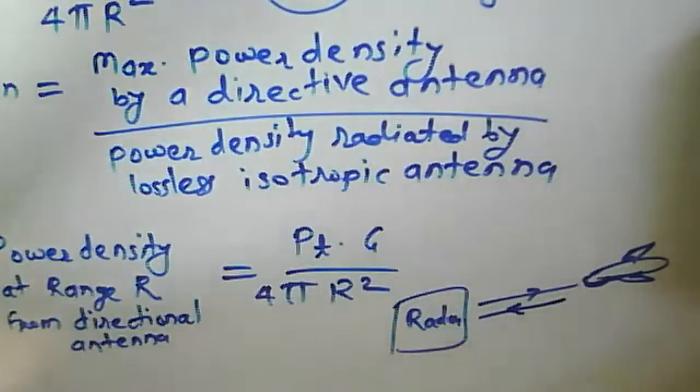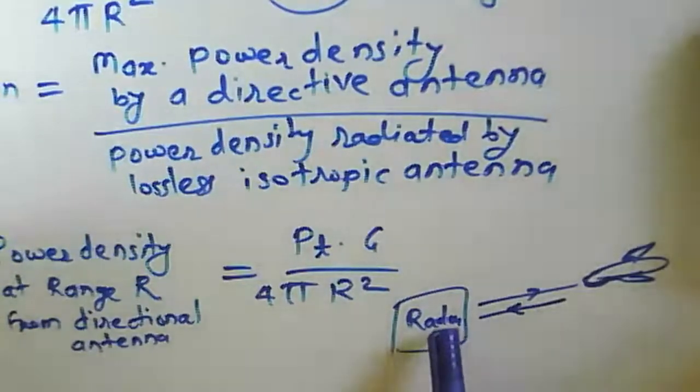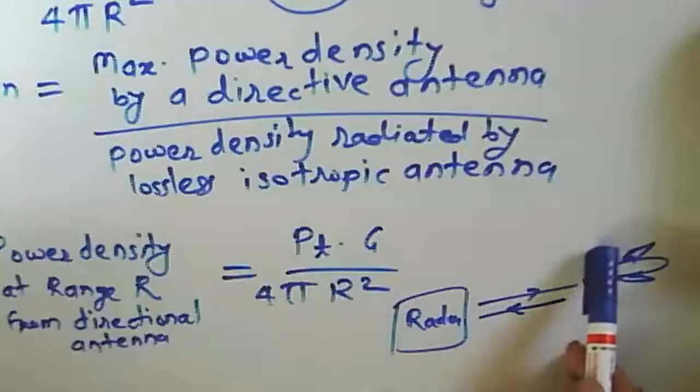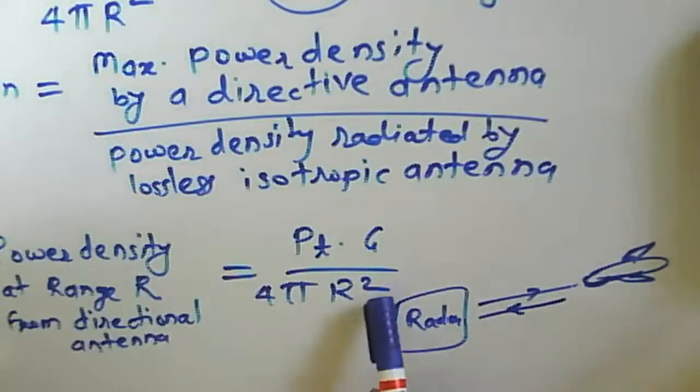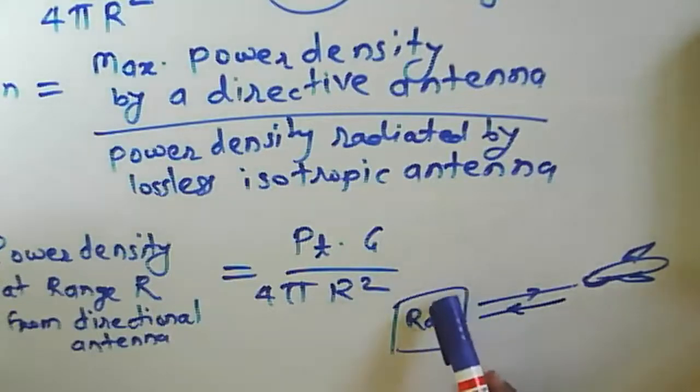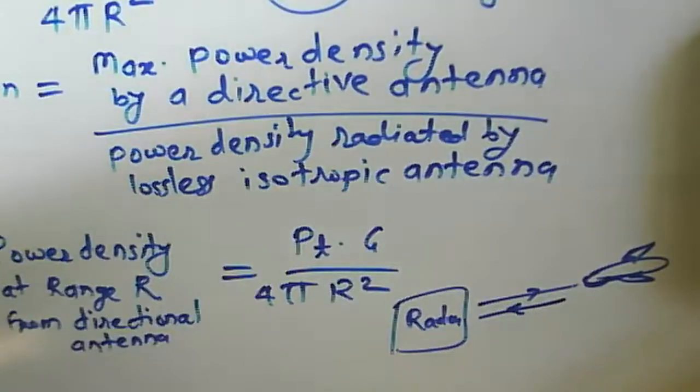That power density back to the radar depends upon the target cross section, the radar cross section, or simply the cross section.